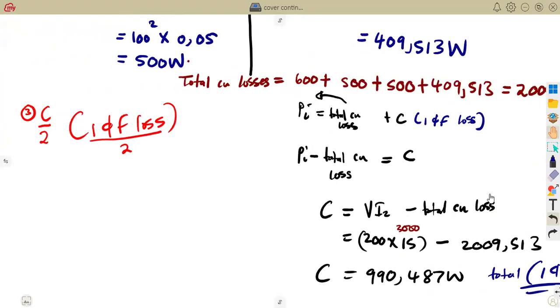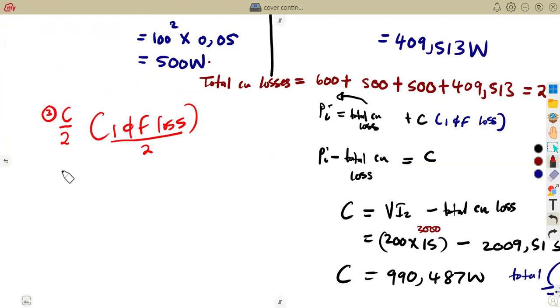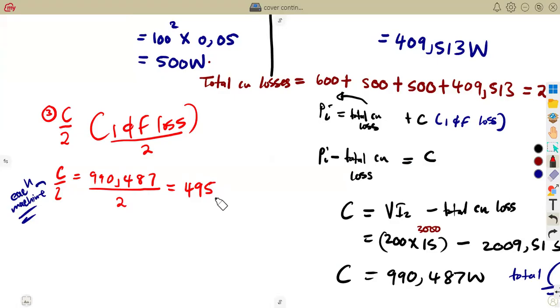So we have to calculate C over 2 for each machine, because they are being shared equally. You divide whatever you got here by 2. So 990.487 divided by 2 gives us 495.244 watts.